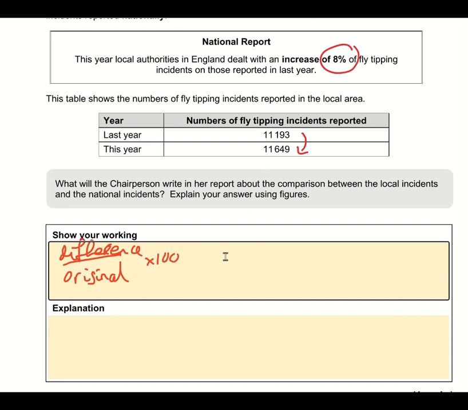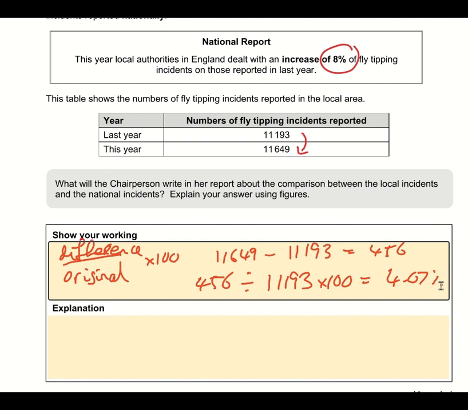So what is the difference between these values? Well, that's 11649 take away 11193, which is 456. So using the formula, a difference of 456 divided by what it was originally, which was 11193 before it went up, times 100, and that is 4.07%. Explain your answer.